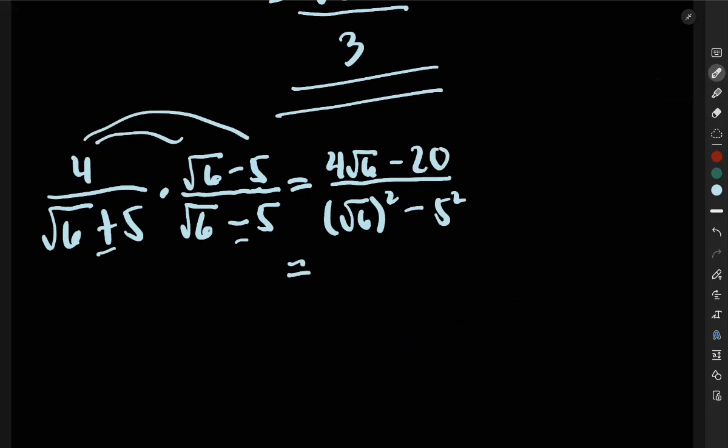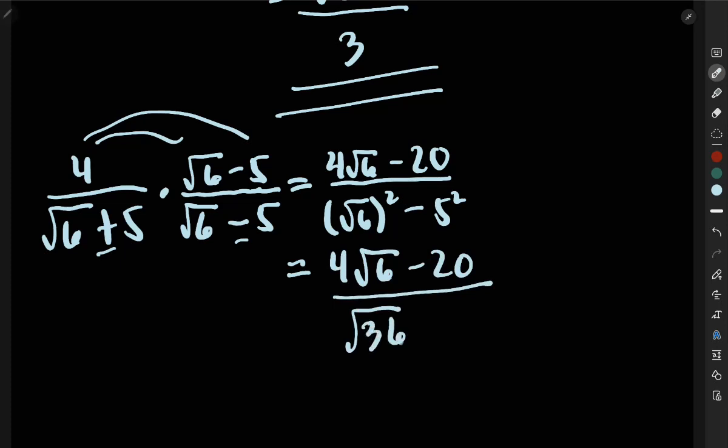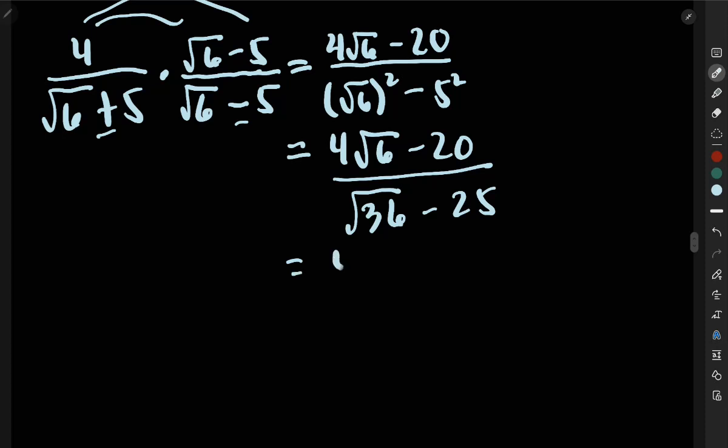So let's continue. We'll copy the numerator. We cannot do anything about this. Here at the bottom, square root of 6 squared. So it's the same as square root of 6 times 6, 36. Because it's square root of 6 times square root of 6. Here minus 25. Then let's copy first the top. Let's just solve at the bottom.